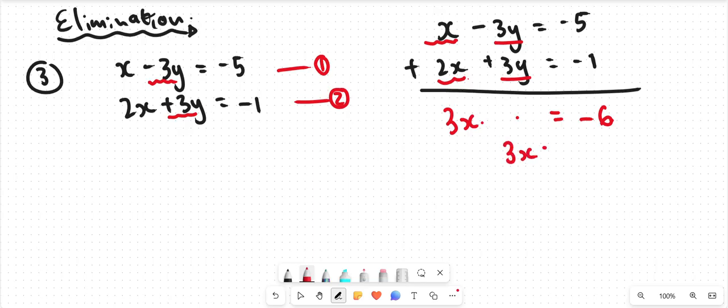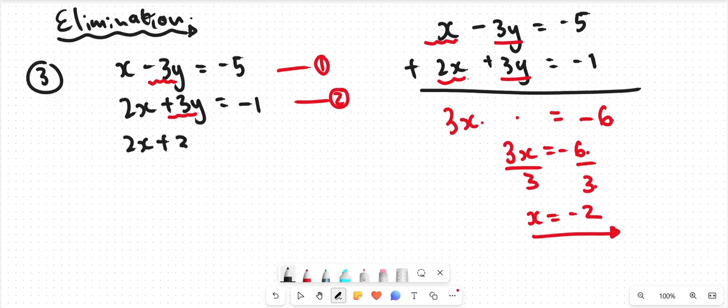It looks like this. 3x is equal to a negative 6. Divide by 3, divide by 3, and so x is a negative 2. So now that I've solved for x, I can substitute in either one of those equations to solve for y. So I'm going to choose to use equation 2. So I have 2x plus 3y is equal to negative 1.